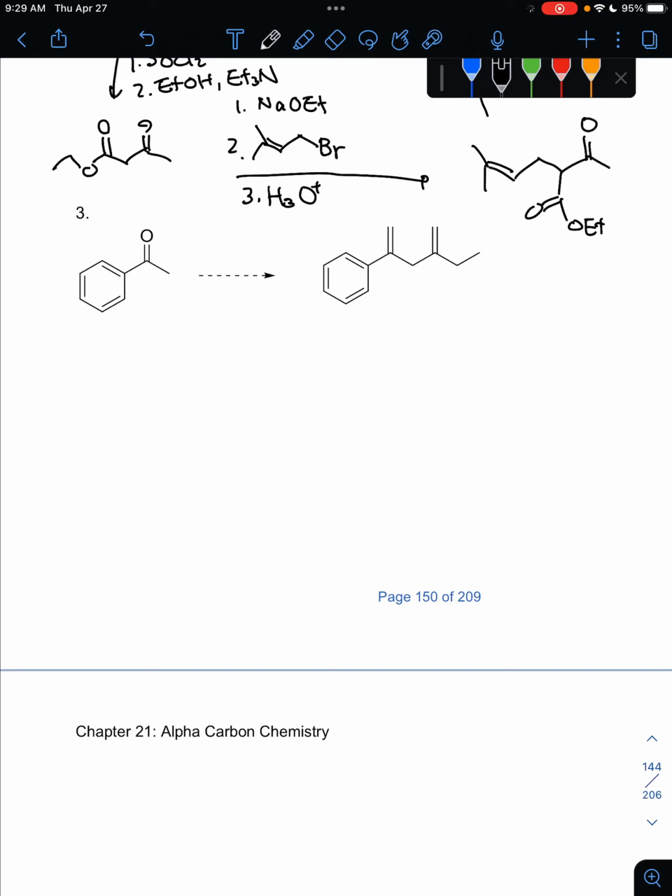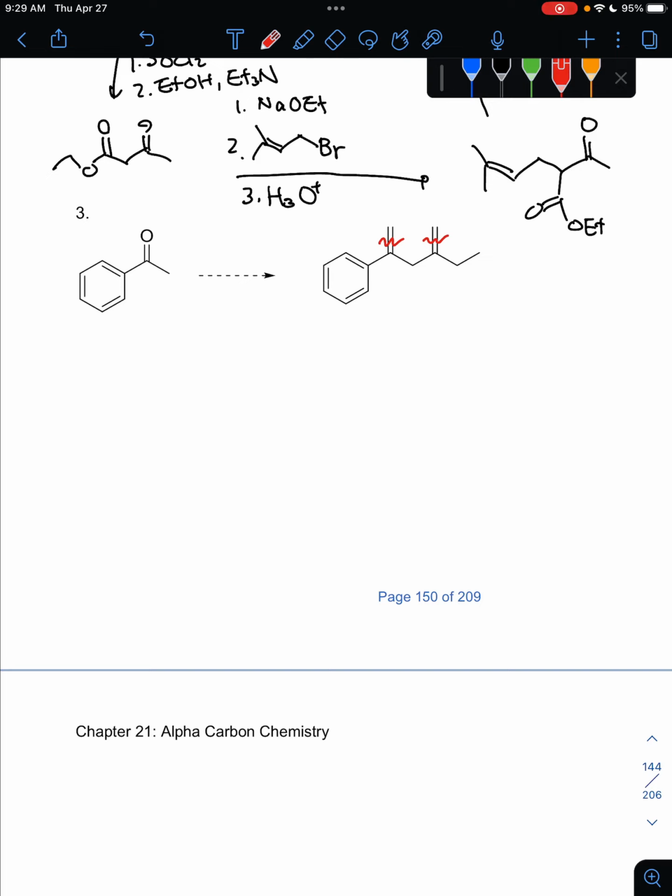This one is a little bit trickier, perhaps because we don't see any carbonyl functional groups in the target, but we do see something that we could make from carbonyl, like these alkenes, right? You could dissect them right here.